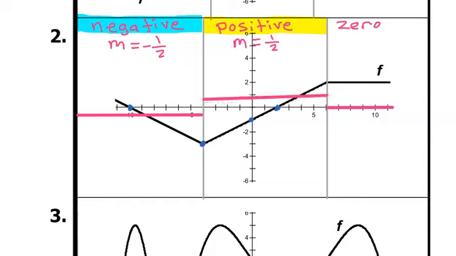And that's really it for f prime. So this is a possible graph of f prime. Notice that because we have sharp turns in function f, we have these jump discontinuities in the graph of f prime. So you should expect that to happen.